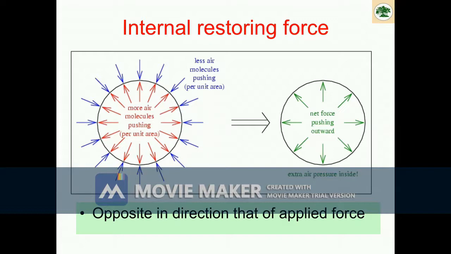In the second figure, the green arrows which are moving away from the center show the net force, which is the internal restoring force. This force allows the body to remain in its state.